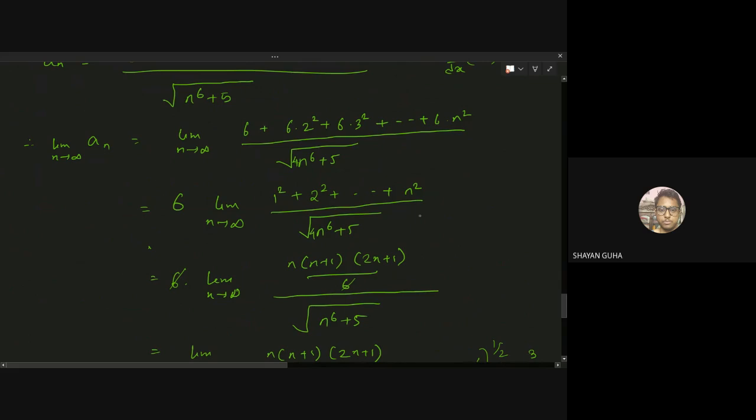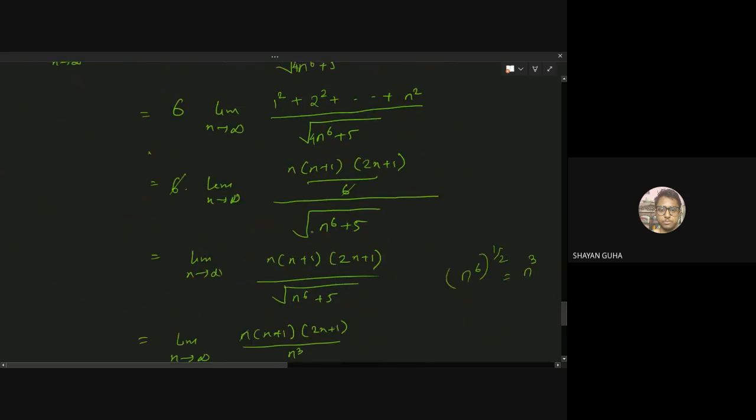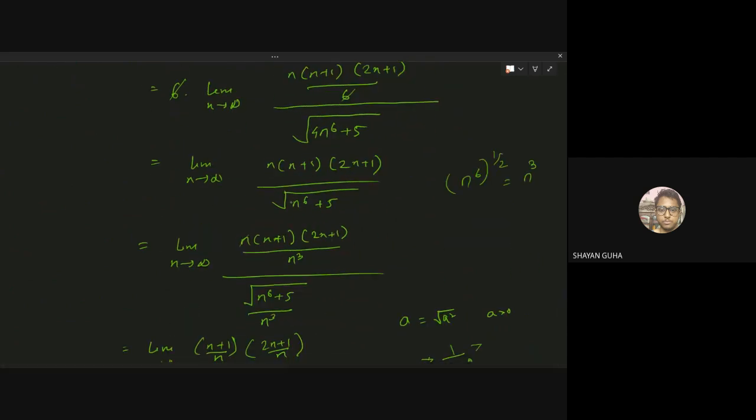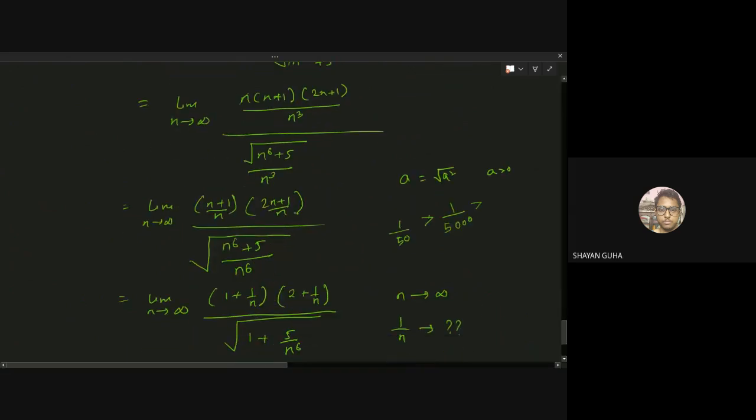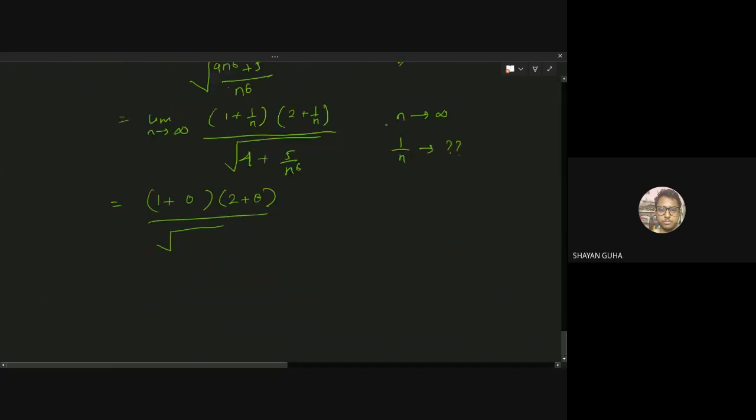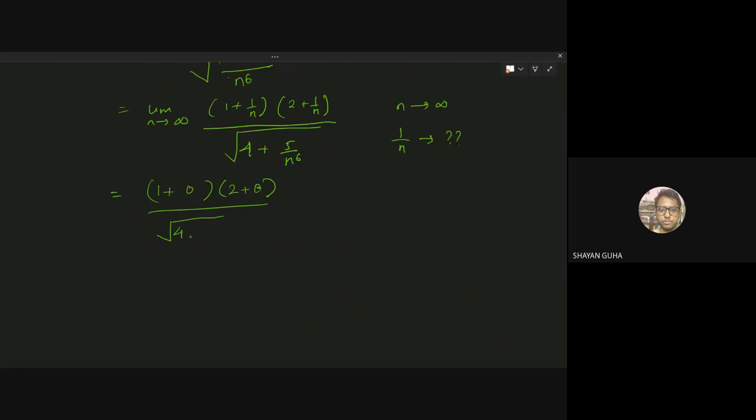I actually neglected that. So this will be 4 plus 5 by n to the power 6. So this will give me 4 plus 0.